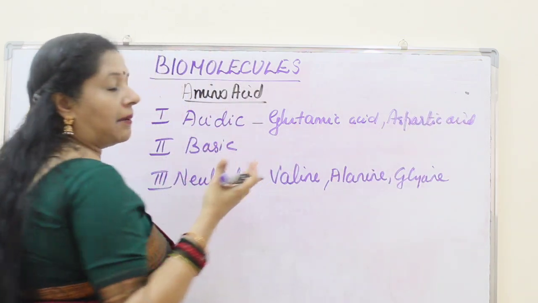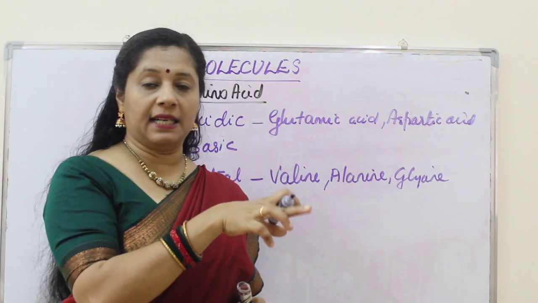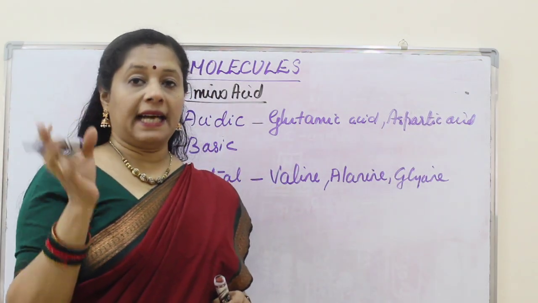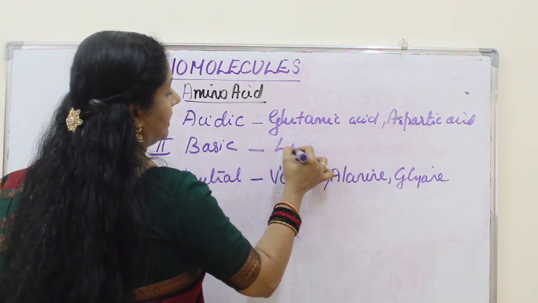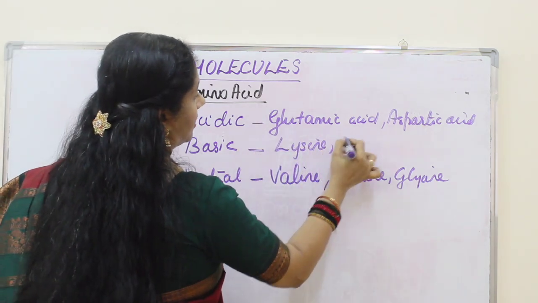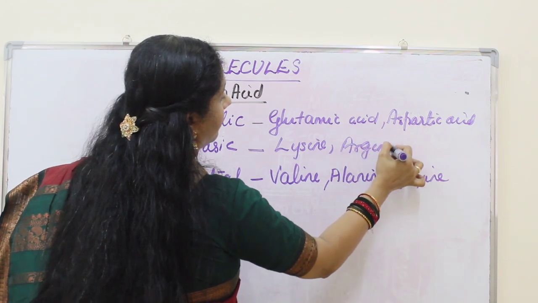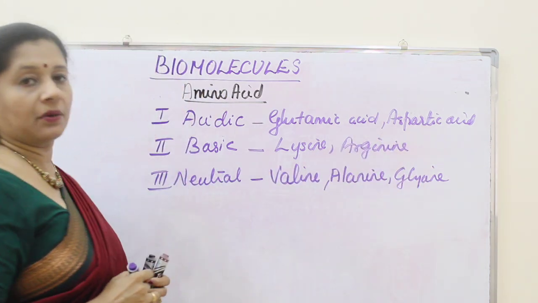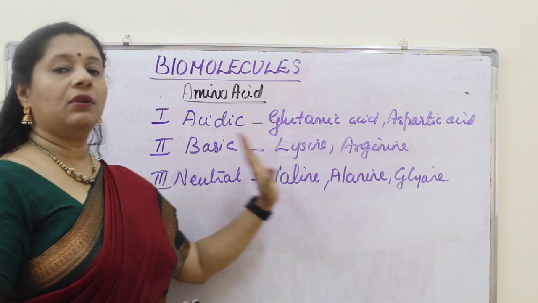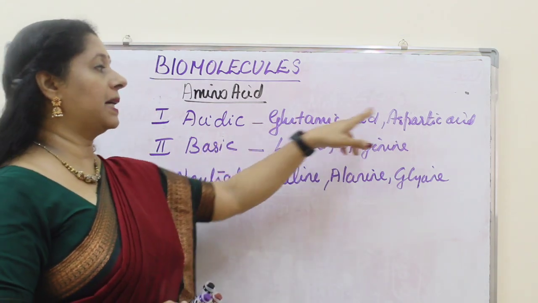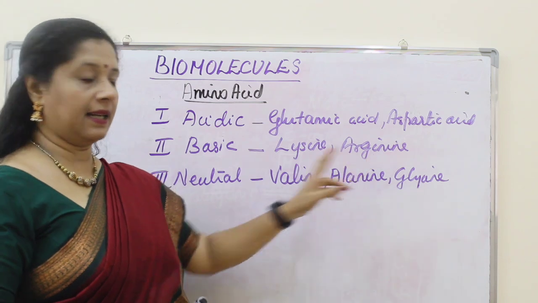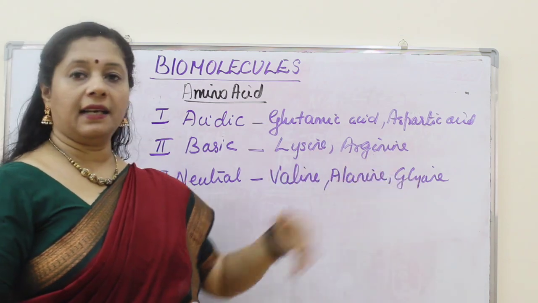Whereas a basic amino acid will have more amino groups and fewer carboxyl groups, that is diamino monocarboxyl group. For example, lysine, arginine, all these are examples of basic amino acids. So you just have to learn the names and their examples. Acidic: glutamic acid, aspartic acid. Basic: lysine and arginine. Neutral: valine, alanine and glycine.